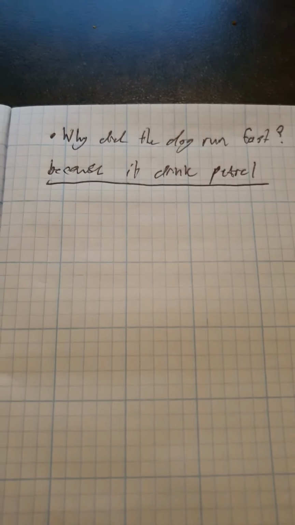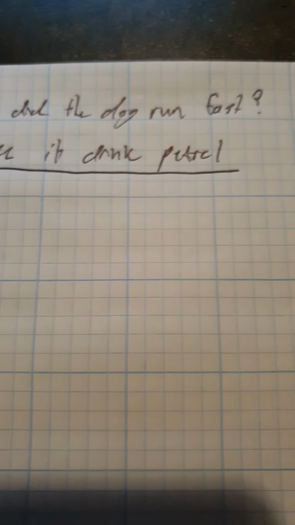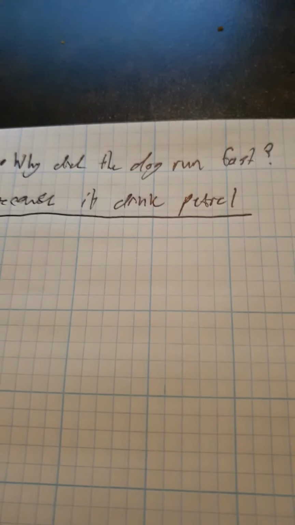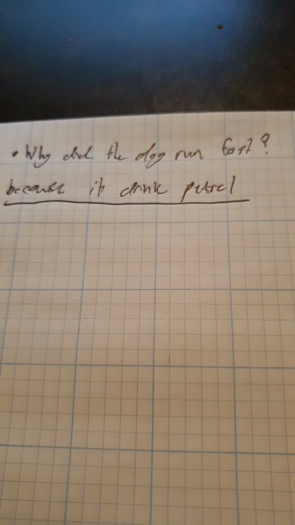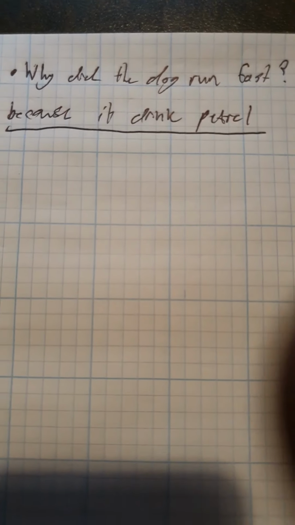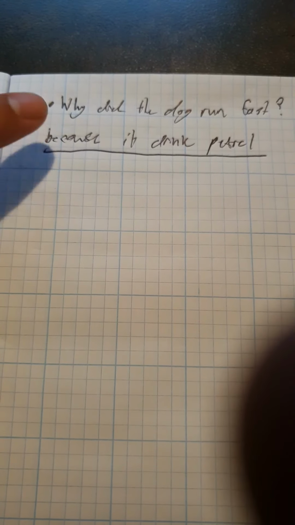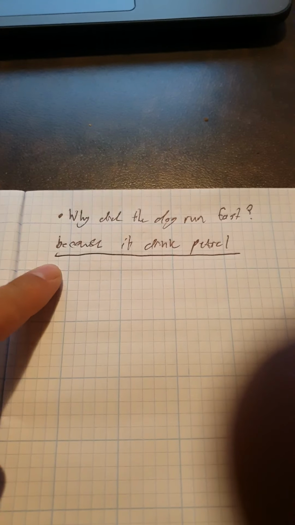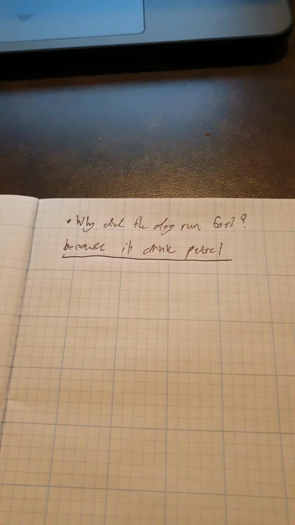If you would like to see, I'll show you my working for this question, because you might be confused as to where to start. So the question is, why did the dog run fast? Now you need a large amount of contextual knowledge, because this is a question from Sam which he made up himself, and that was the answer that he gave us. So that must be the answer. That's as far as we can go with this question.